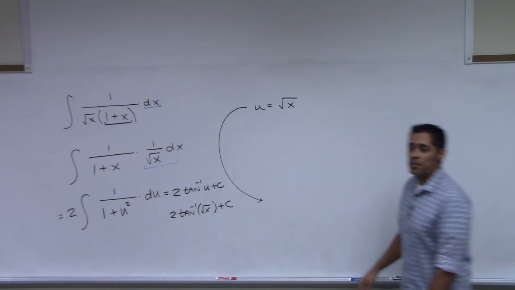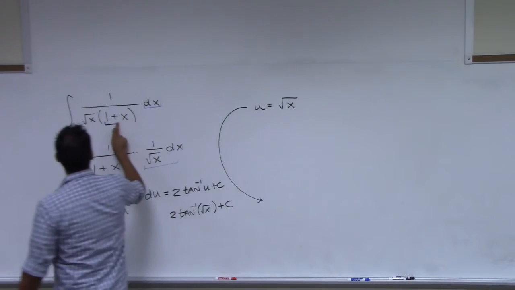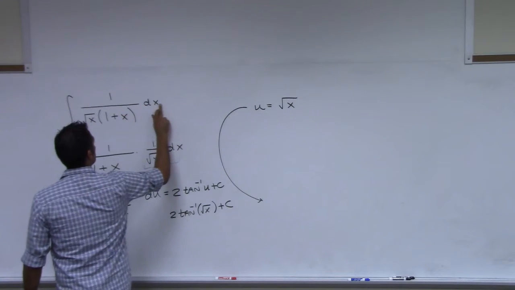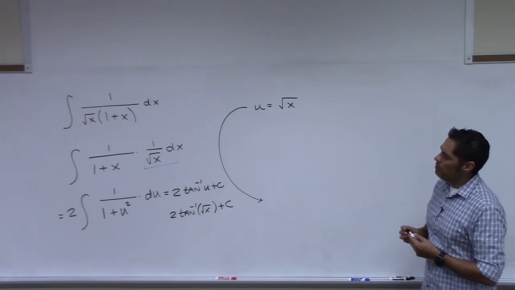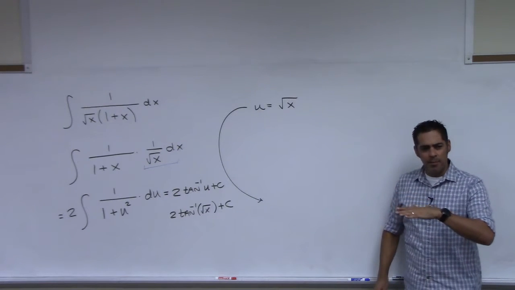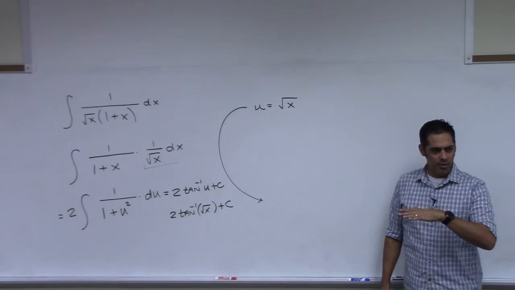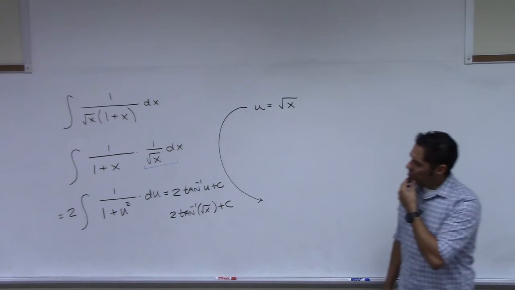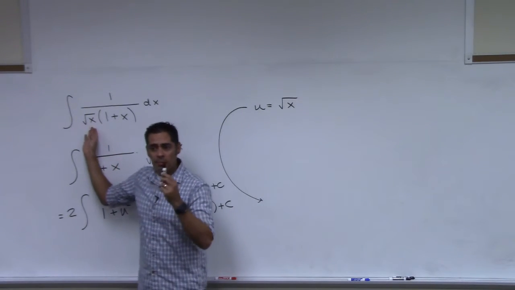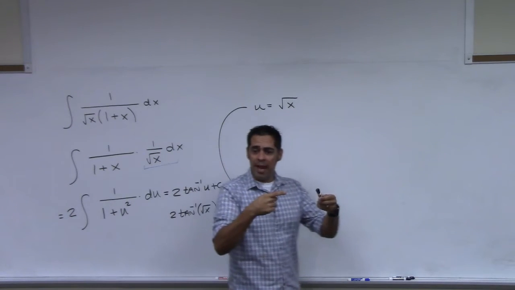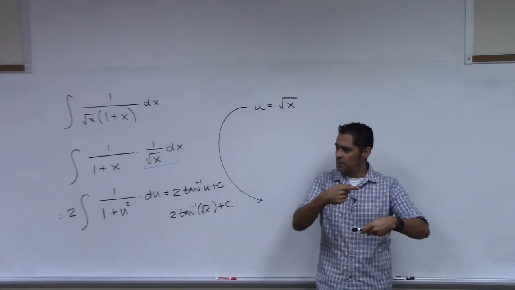So now that we've done this problem, when you look at that original problem, you should have a slightly different perspective on it than when we first looked at it. You should see that you have a root x on the bottom, and you should be thinking, hey, the derivative of root x has a root x on the bottom, doesn't it?